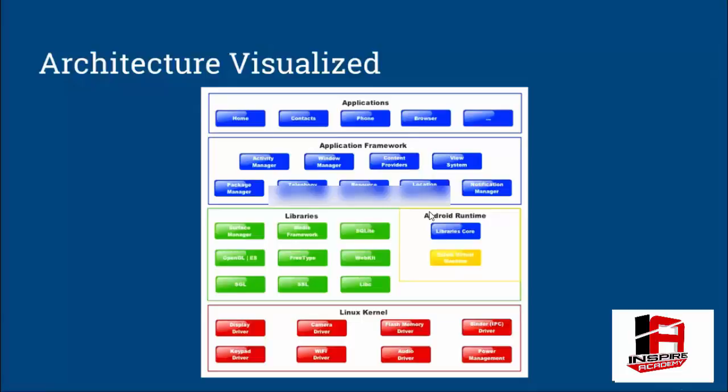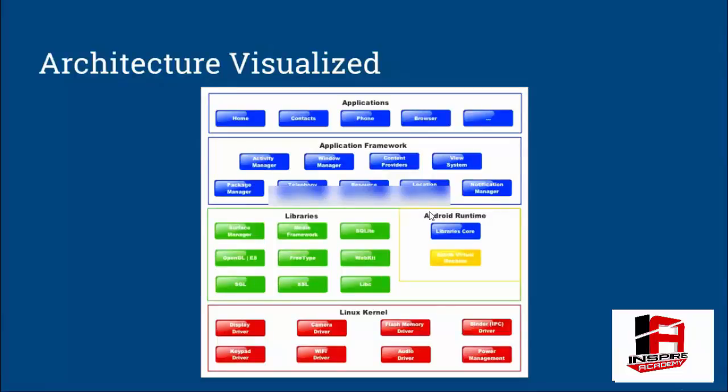Right above that we have the libraries that we talked about, which are libraries that have been proven and tested and are included with Android. So we have OpenGL and WebKit. That's the green portion. Off to the right is our Android runtime, which, as I said, is optimized for low power and low memory situations.